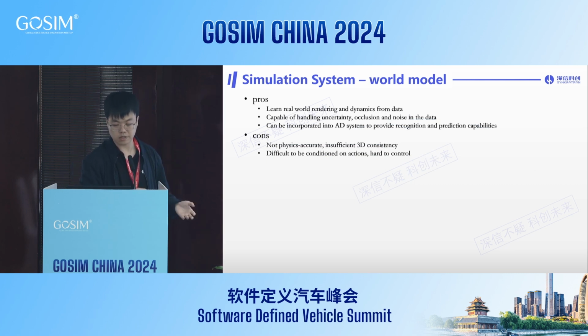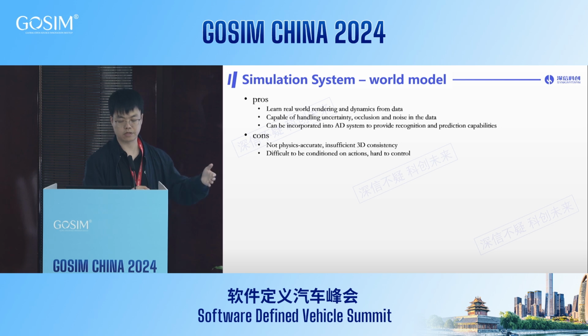The pros are, first, learning from real data. The world model can be learned from real world data and real world dynamics. So everything is real, and there's much less domain gap compared to game engine-based ones. It's capable of handling uncertainties, occlusions, or noise in the data.